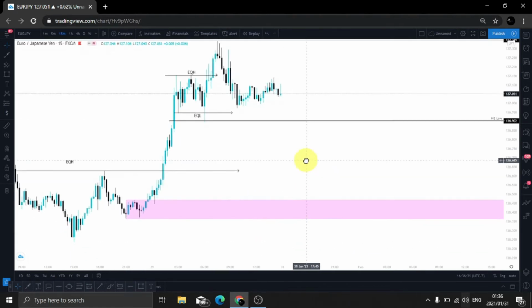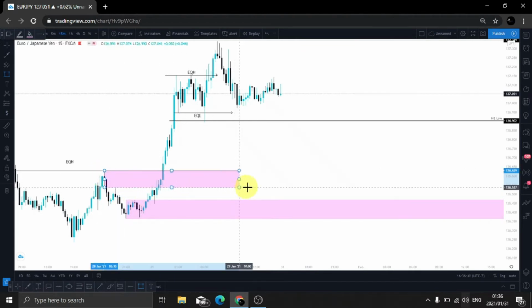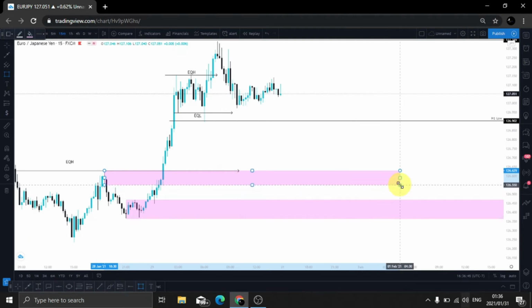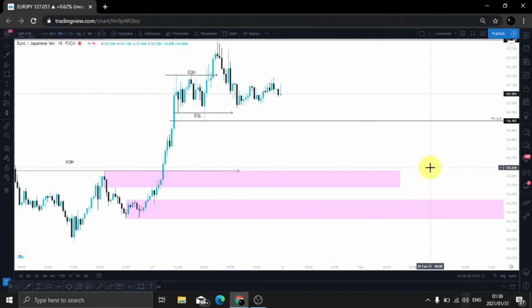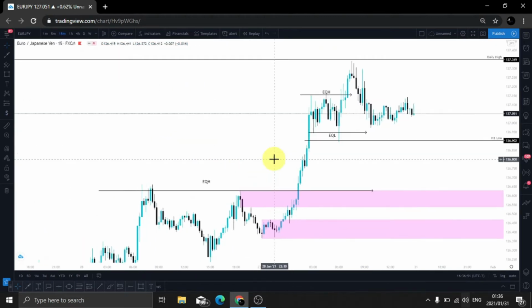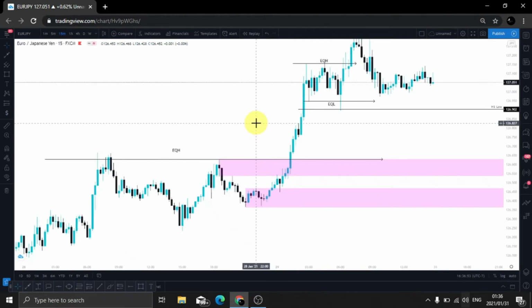And we can clearly see from this point that there was a point of interest. Because smart money concept says a point of interest or an OB, in a sell situation like this, basically we place an OB when we see a bullish candle.